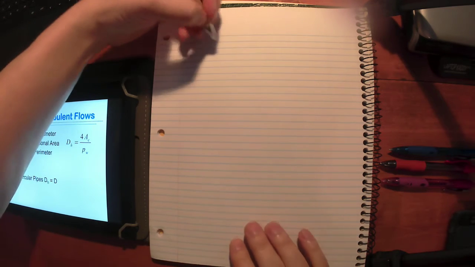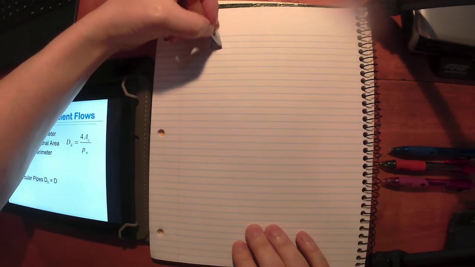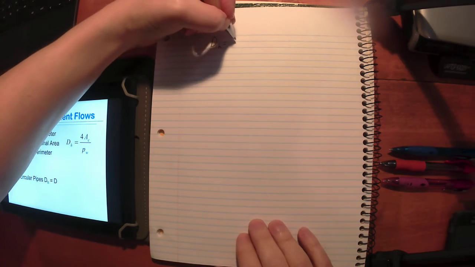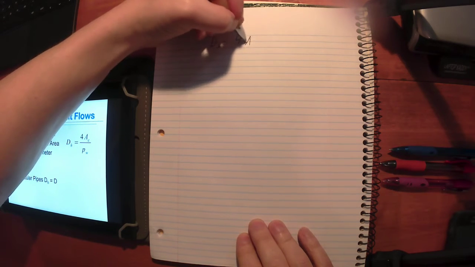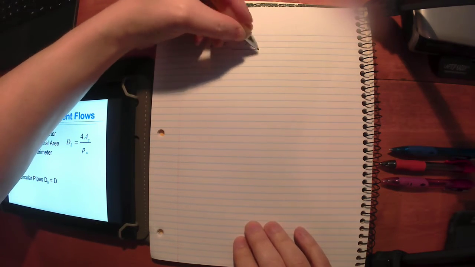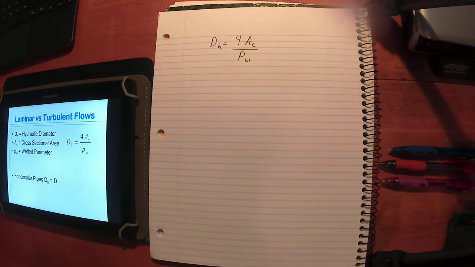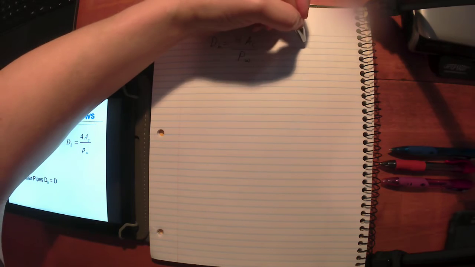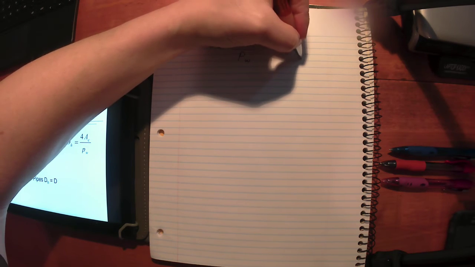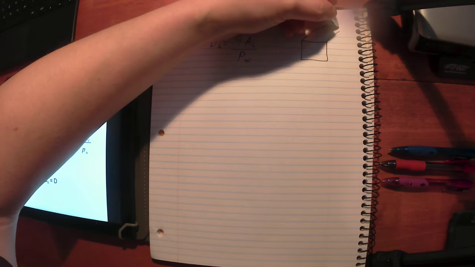All right, so hydraulic diameter is 4 times cross-sectional area divided by the wetted perimeter. Okay, so let's say I've got some kind of conduit that's rectangular in shape.